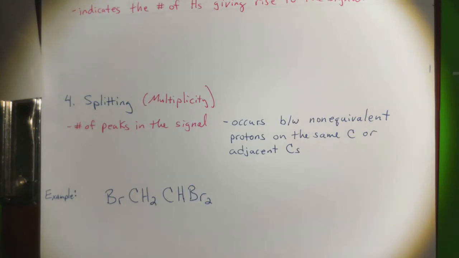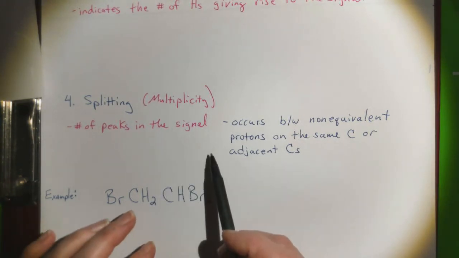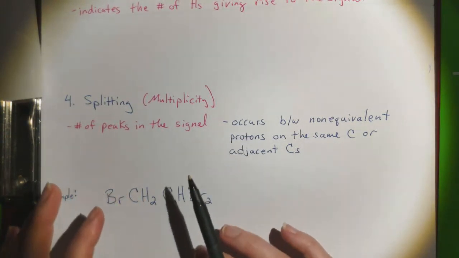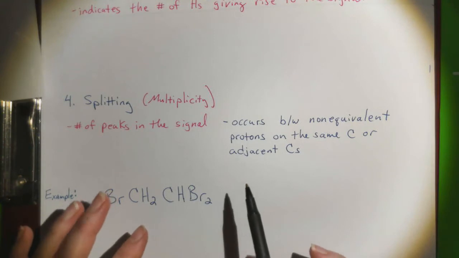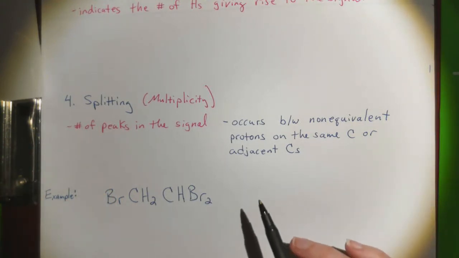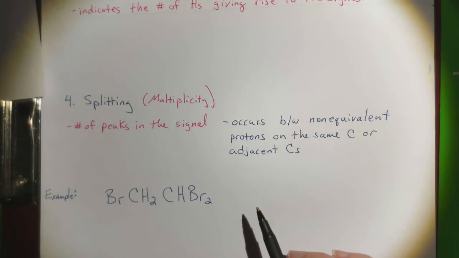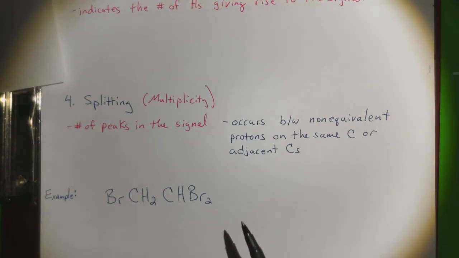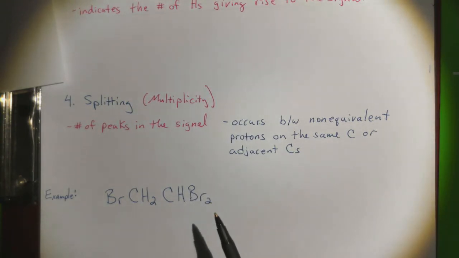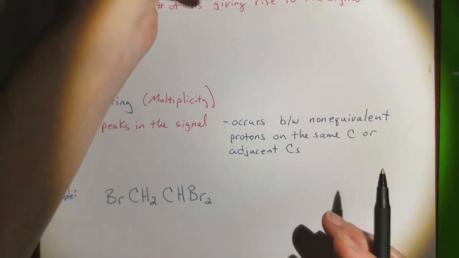This comes up as a result of something called spin-spin splitting, and I'm not going to explain where this comes from until the next video, so bear with me if you're wondering why signals split. We'll get to that in video number 4. Sometimes peaks are not just those pretty singlets that you just saw in the methyl tert-butyl ether example.